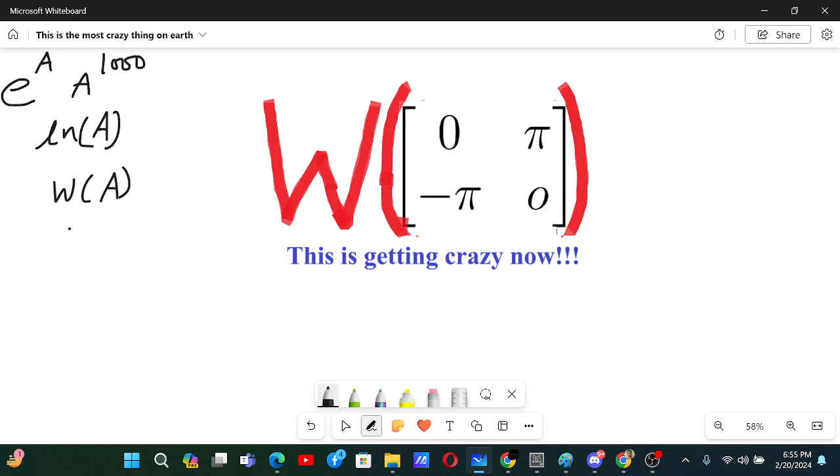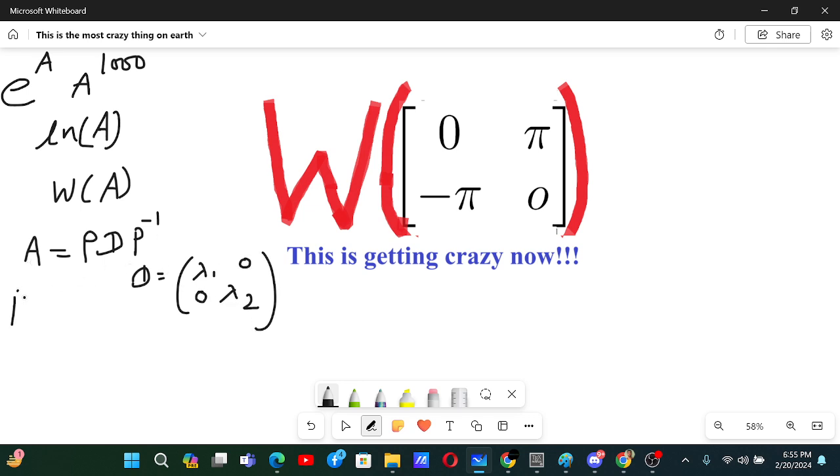So basically, if you have matrix A, first of all you have to express this matrix as P D P inverse, where D is a diagonal matrix whose diagonal elements are lambda 1 and lambda 2, where lambda 1 and lambda 2 are the eigenvalues of matrix A. And P is formed by the eigenvectors of A: A1, A2 as the first eigenvector and B1, B2 as the second eigenvector.